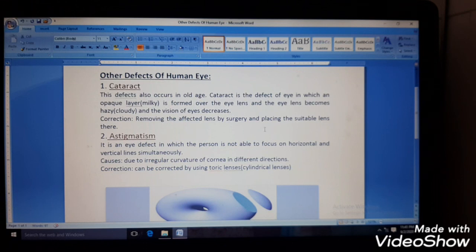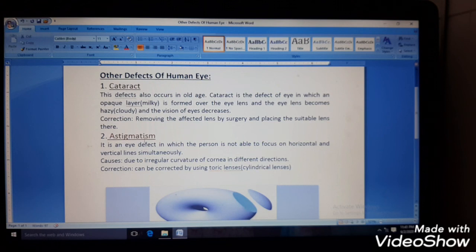The method is very complex because many nerves are connected to it, so sometimes it gets disturbed also. So sometimes a person has to go through many surgeries because of this only. So cataract is the one in which the lens becomes cloudy and things become blurred to the person.